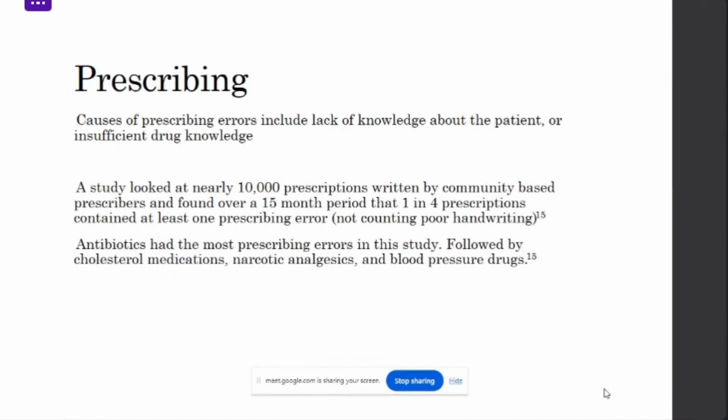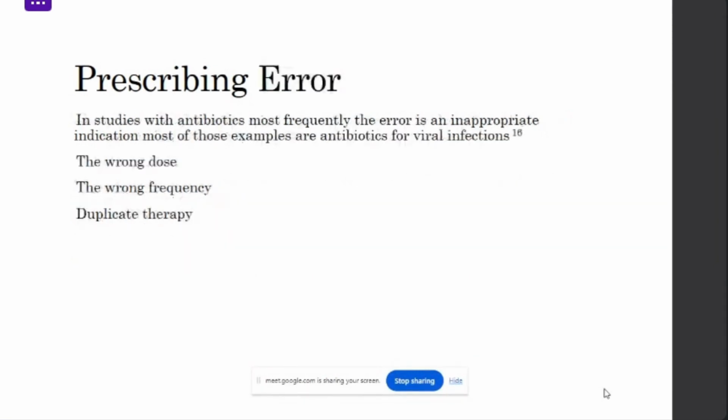So if the doctor is prescribing you an antibiotic or any other drug, you should check by yourself and ask the doctor for how many days, how to take, what are the things to avoid. It's very important that you know about your drug, when you need to take it, and what things you need to avoid during this course of therapy.